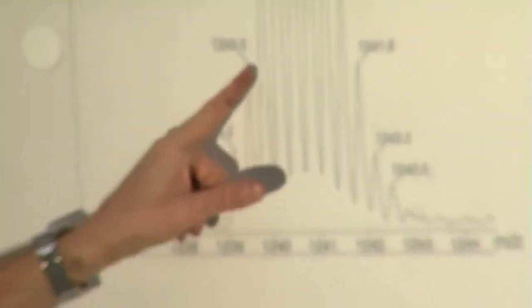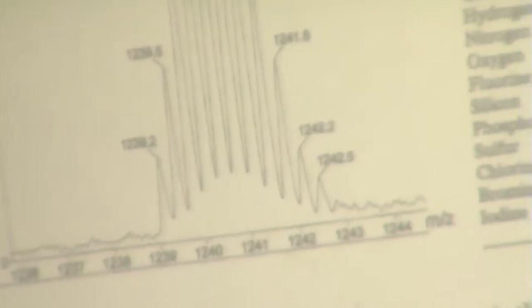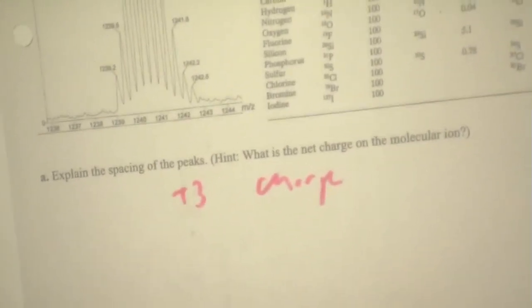It's triply charged. The lines are spaced 1/3 of a mass unit apart, 0.3 apart, and every now and then 0.4 apart. So this is a +3 charge, and assuming that no sodiums are on the molecule, assuming this is just charged in the ESI, remember we said you can pick up protons or you can pick up sodiums.